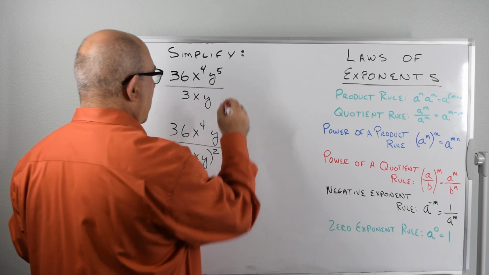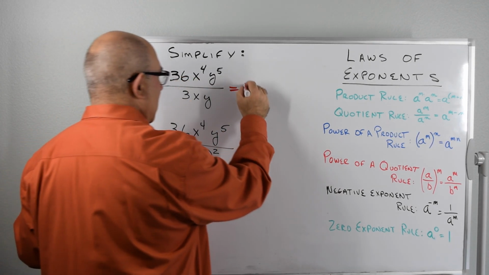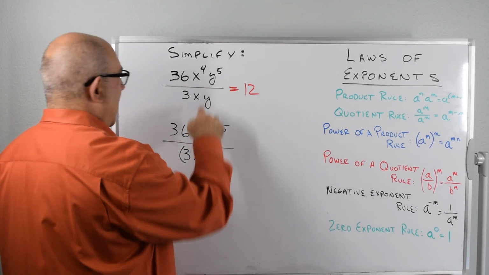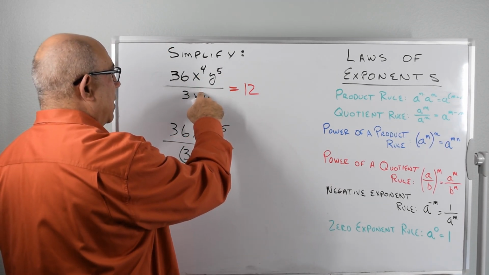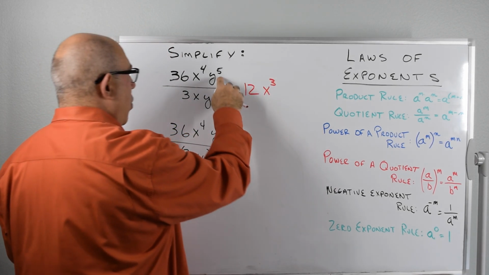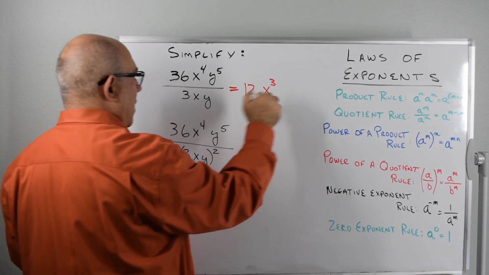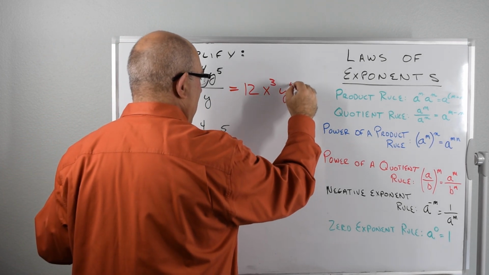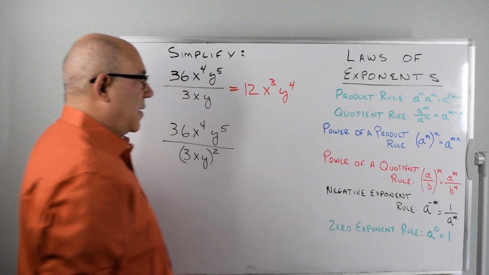So we just walk through the problem one at a time. So 3 into 36 is 12. And then x to the fourth divided by x, which is x to the 1, would be x cubed. And then y to the fifth divided by y, which is y to the 1, would be y to the fourth. Okay, so that was using the quotient rule.